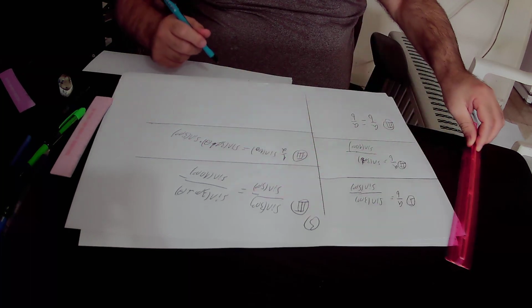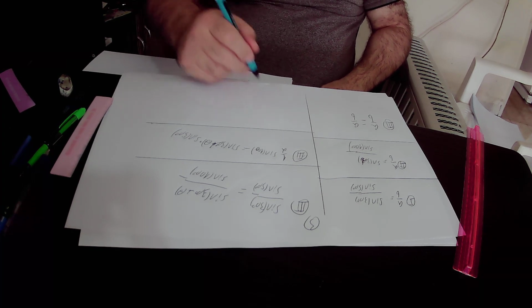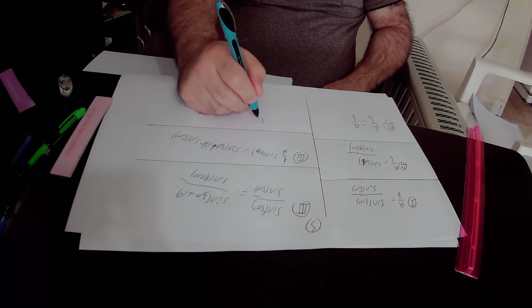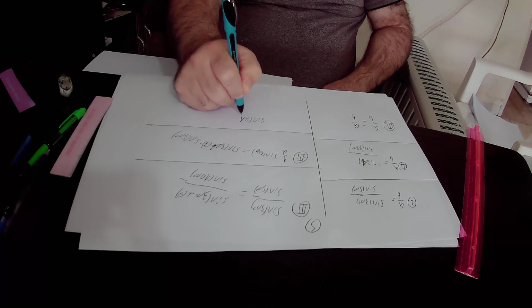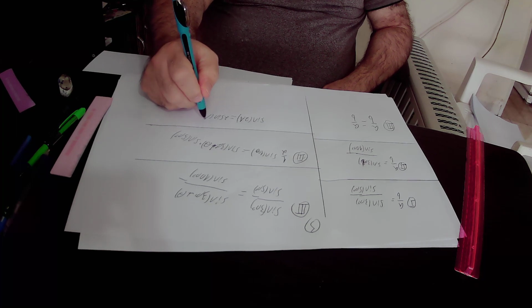Now we will use the trigonometric identity that states that sine 2a equals 2 sine a cosine a.